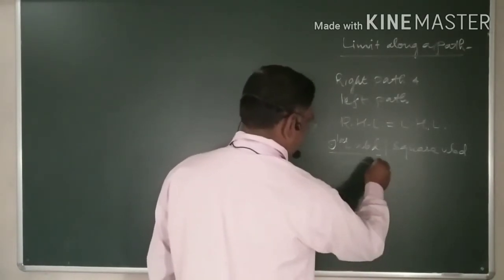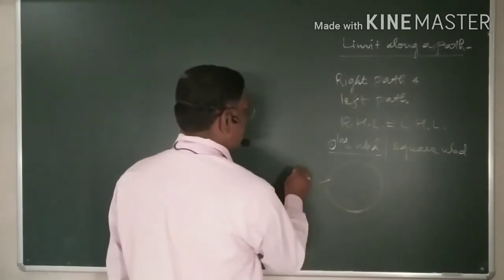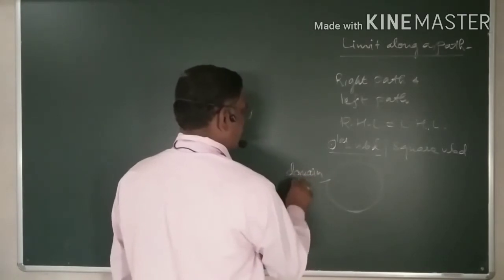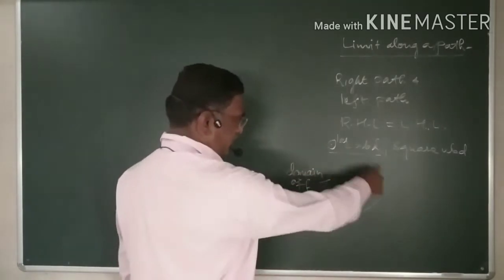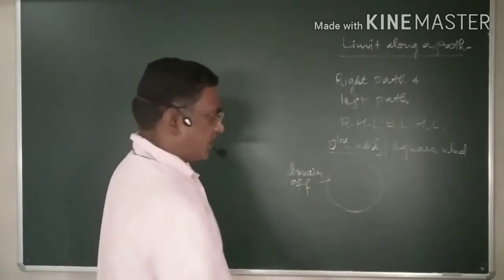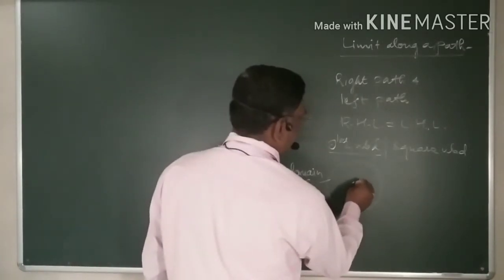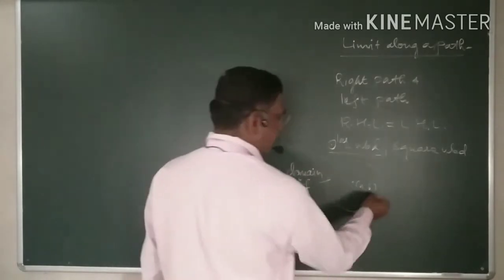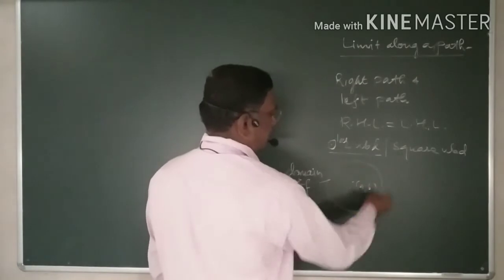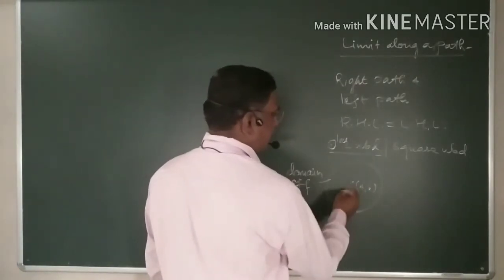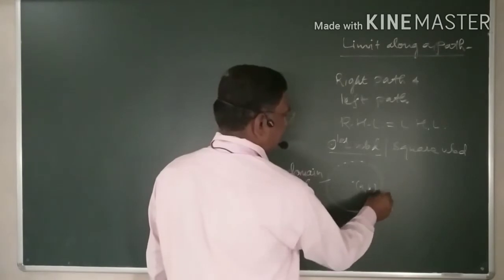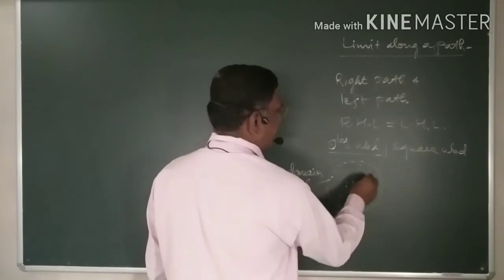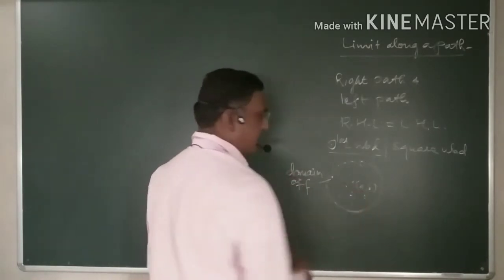suppose I draw this as the domain of some function f, the function is defined over this domain, and I have any point, say (a, b), in this domain. As f is defined over this domain, all these points are there where we can find the value of the given function f.